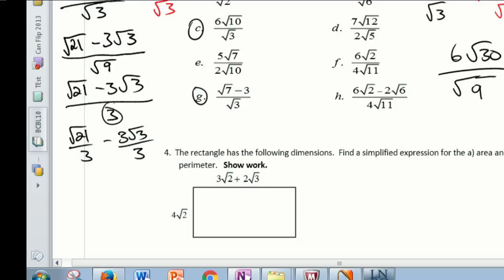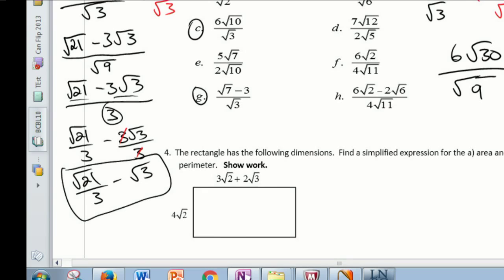Because the division means I'm dividing both of my terms on the top by the 3 on the bottom, so I can write it as two separate ones. The only reason I do that is the 3 and the 3 divide out, and I can end up with just the root 3 there, because 3 divided by 3 is going to give me 1. I could write it as root 3 over 1 or just root 3. I'm going to leave it like that.